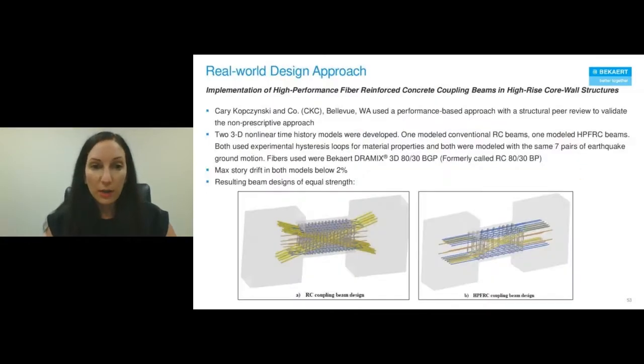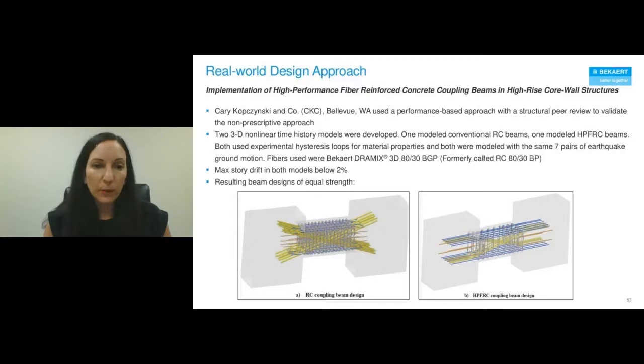So here's another case study. This was out of a report that was done by Kerry Kopczynski and others. This is a specific project that was done out in Washington State. The project was really interesting.